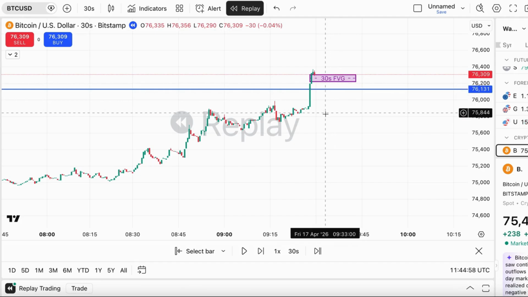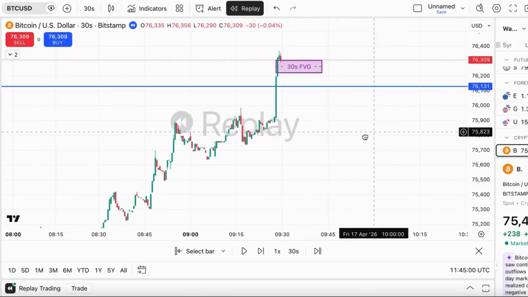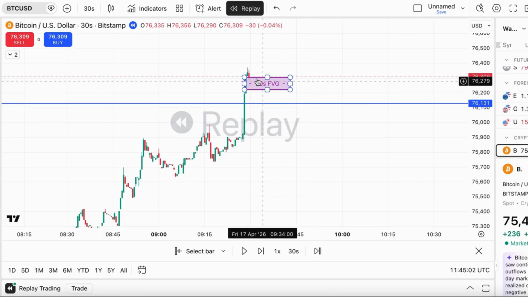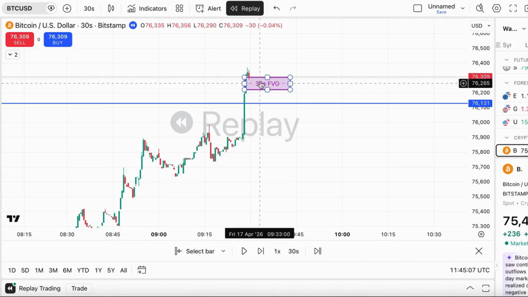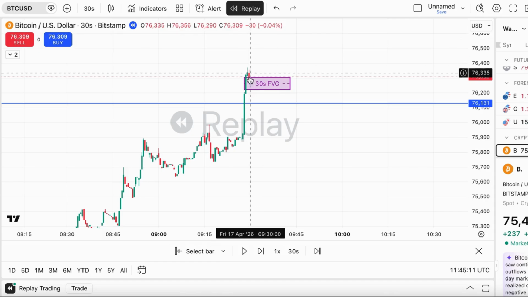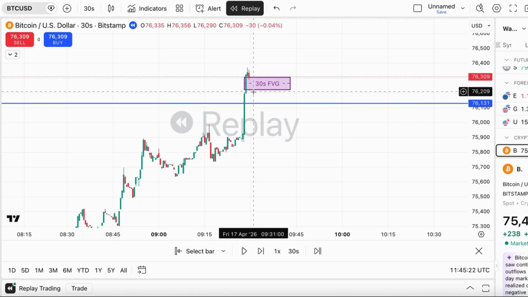So what happened was, now either price will come down and test this FVG and then continue, or we can see this FVG becoming an IFVG, which is where price inverses it. So if we see a candle close after this, closing out, we will look to short here.